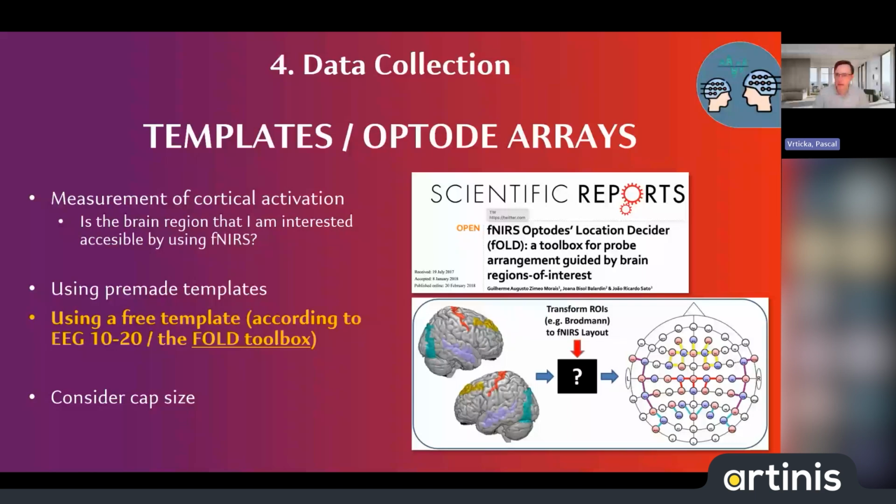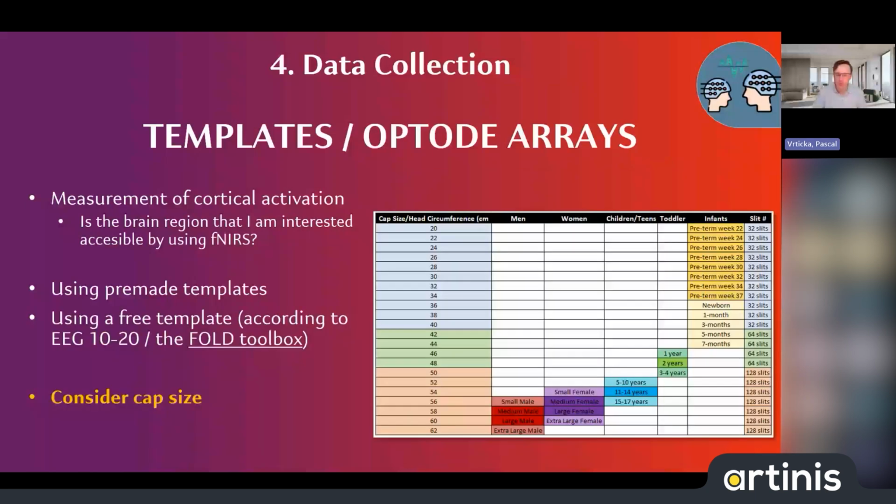Finally, of course, we need to take into consideration that depending on the cap size, which is of course representative of the head size of the participants, we will have more or less available holes for placing the optodes.